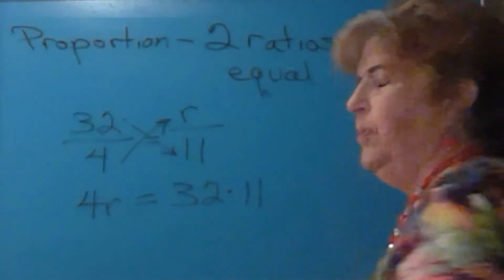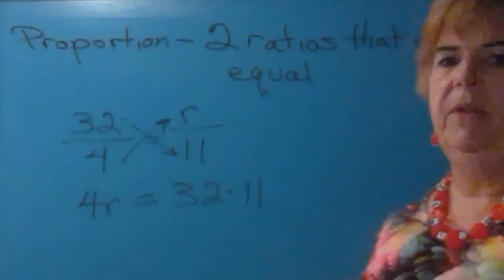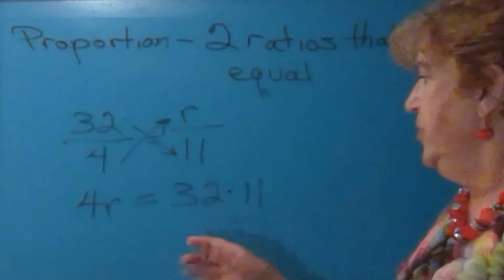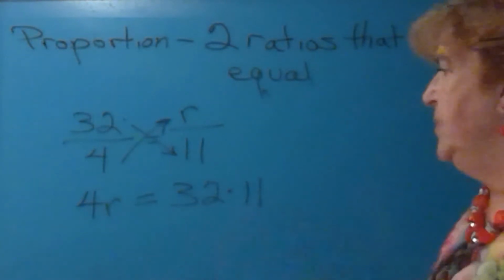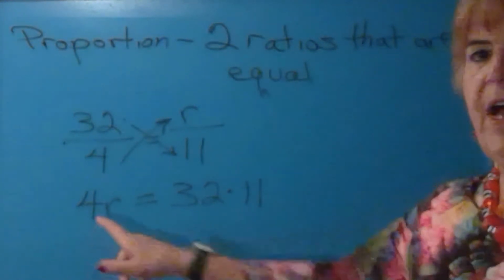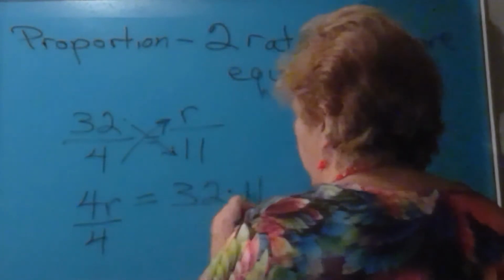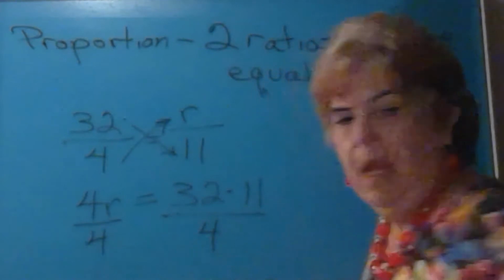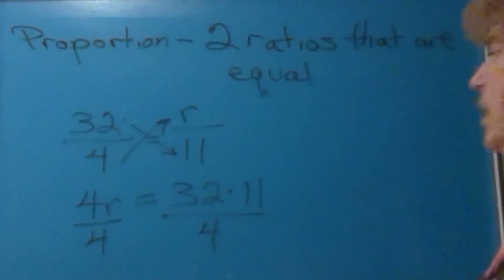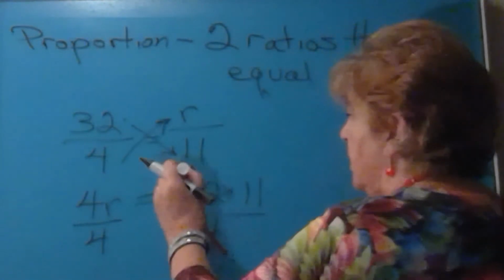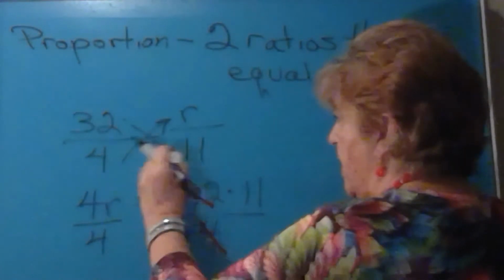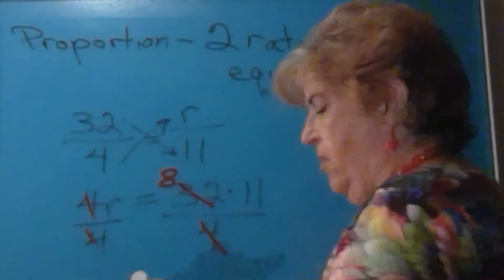Now, before you grab your calculators, I want you to see what I'm going to do here. In order to solve this, whatever 32 times 11 is, I'm going to have to divide both sides by 4. So if I divide by 4, I do know that 4 goes into 32 8 times, and those divide out.